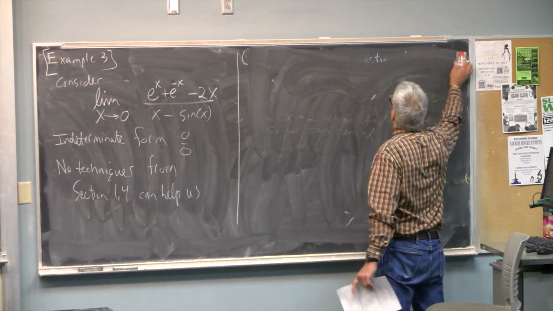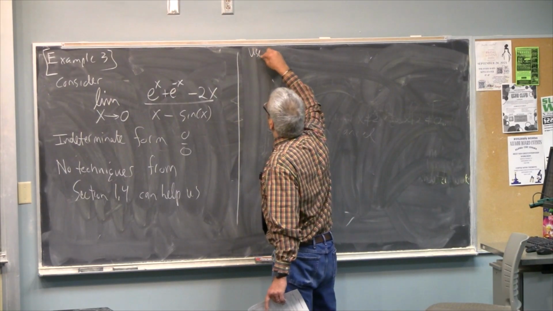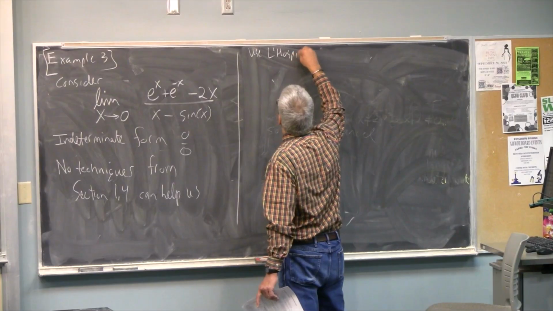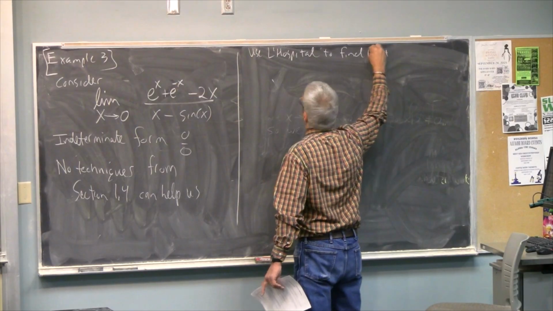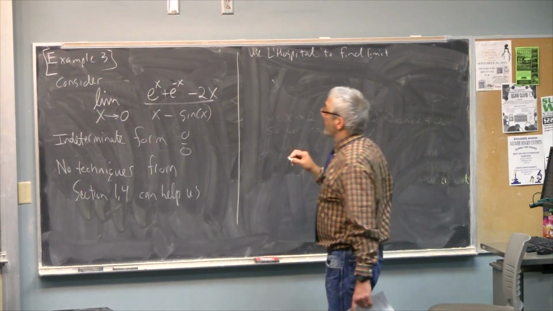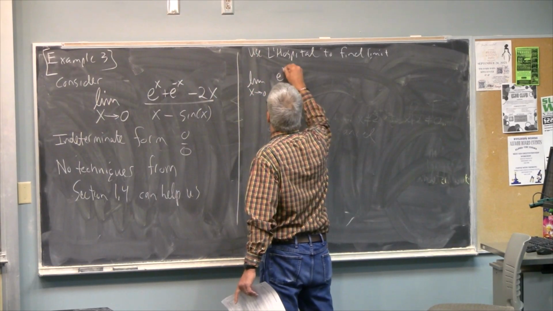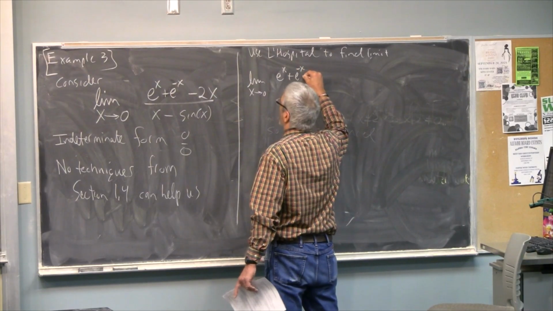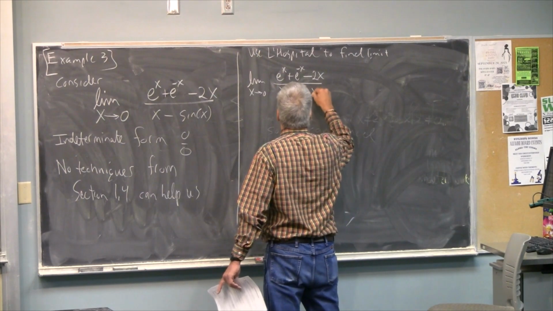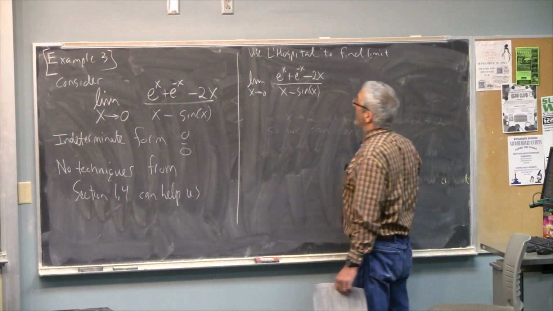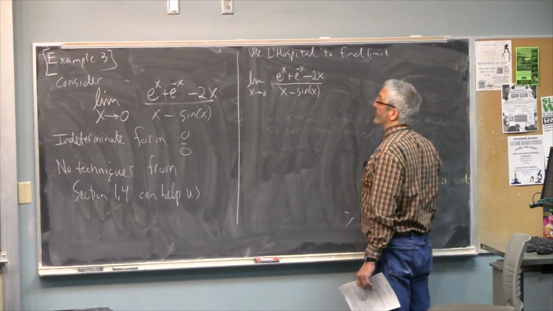So let's find the limit using L'Hopital's rule. So on the left side, we have the limit of that quotient, e to the x plus e to the minus x minus 2x, divided by the quantity x minus sine x.